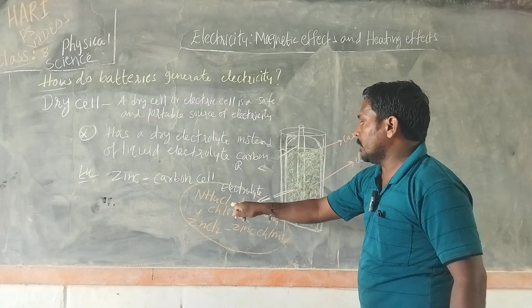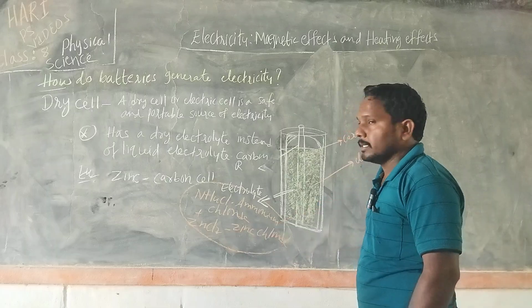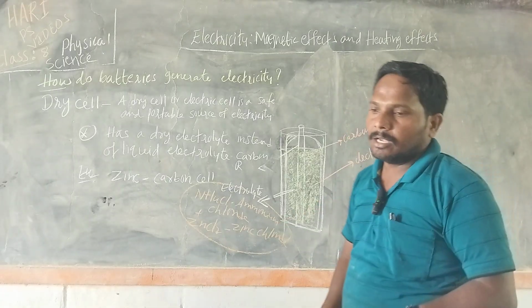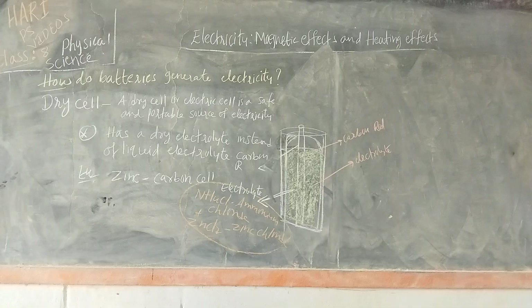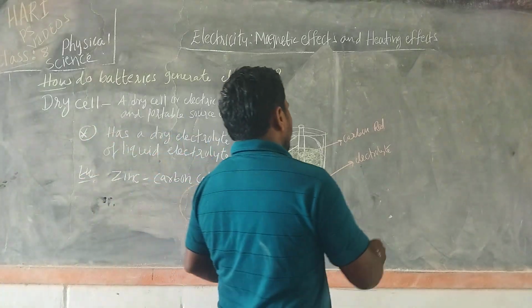The electrolyte is ammonium chloride and zinc chloride. In some cases manganese oxide is also used.